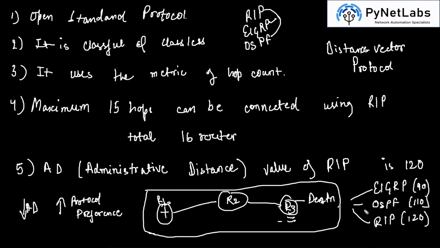If all three protocols are configured, the protocol with the minimum AD value, or the least AD value, will be selected to make the communication between devices. Is it clear now? So AD value is used to make the decision between protocols.